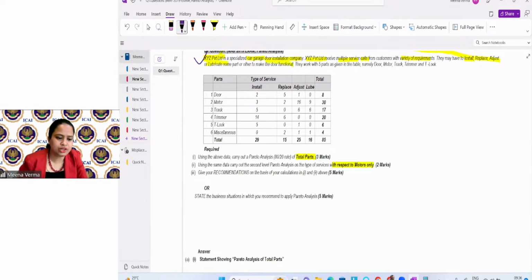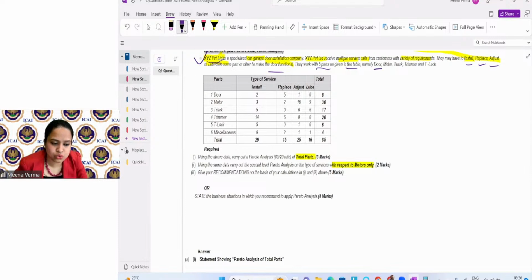So the company is engaged in a door installation business and provides services related to that: installation of the doors, replacement of the doors, adjustment of the doors, or putting lubricant on the doors. These are the door functions provided by XYZ Private Limited. They work with 5 parts as given in the table. What 5 parts do they provide?